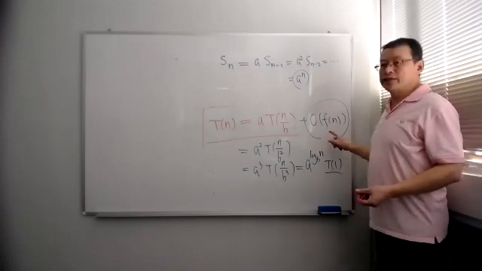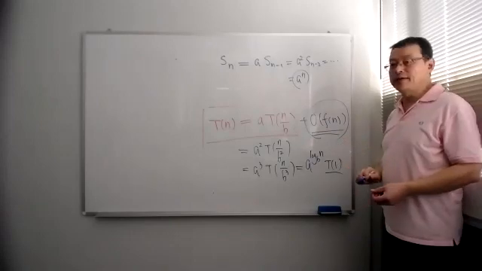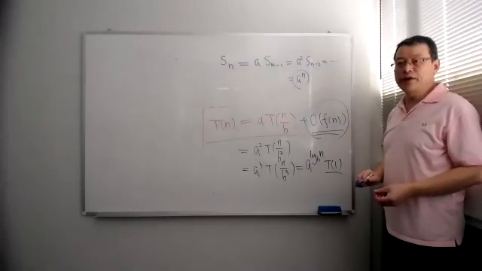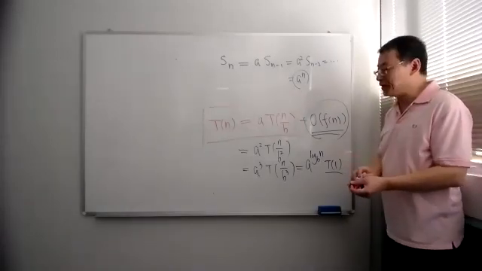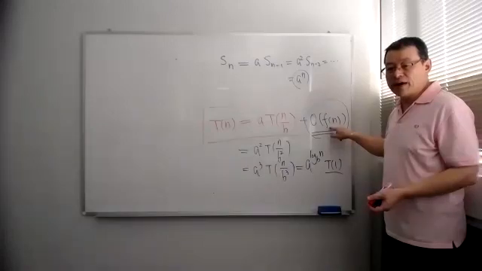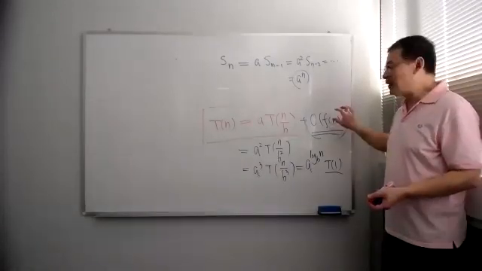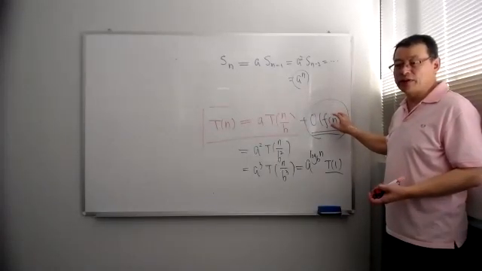As I said, in general, it's very difficult. But for the special case when this function is a polynomial function, we do know how to solve it. In practice, even if it's not a polynomial function, we can bound it by a polynomial function, as it grows slower than an exponential function.